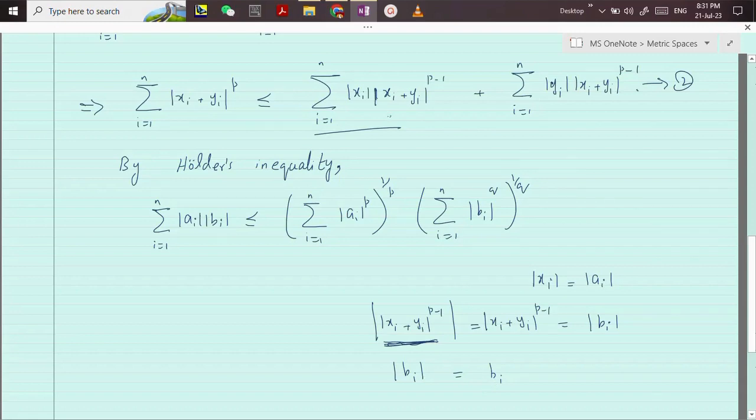So here this one is our |bi|. So we shall apply the Holder's inequality on this summation, the first summation I told you before.